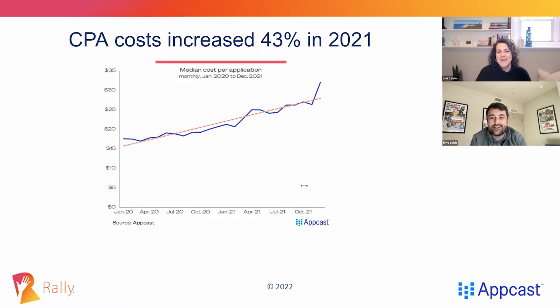And so, if CPC rates are going up and if the apply rate is only going up marginally, then naturally your cost per application is going to go up. And what we saw was that indeed happened, and it went up by 43%, which I find is pretty fascinating. Previously, back in January of 2020, we were hovering around a $15, $18 cost per application across all jobs.